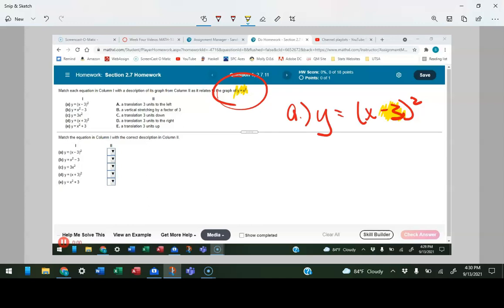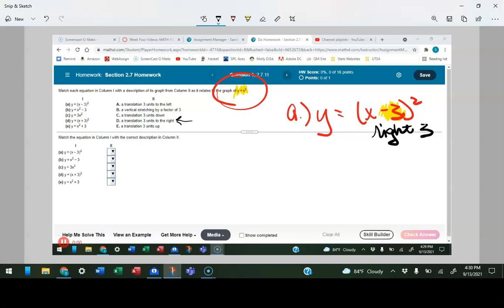This one is inside and it is attached directly to the x. So that tells you it is a left, right. The question is, which way do you go? This one is actually going to move right 3 units. Remember that if you're doing a left, right, it goes opposite of what you think. So this one is right 3 units. When you look at this one, you see that it is actually option D.